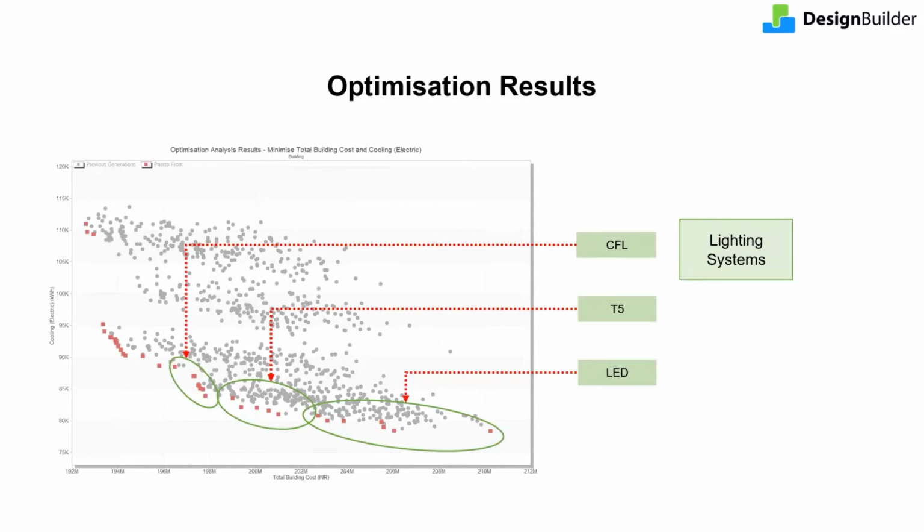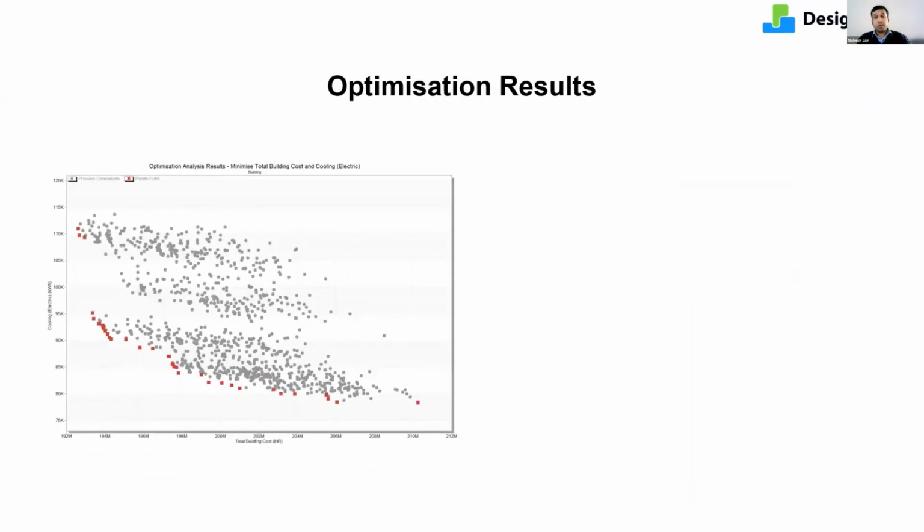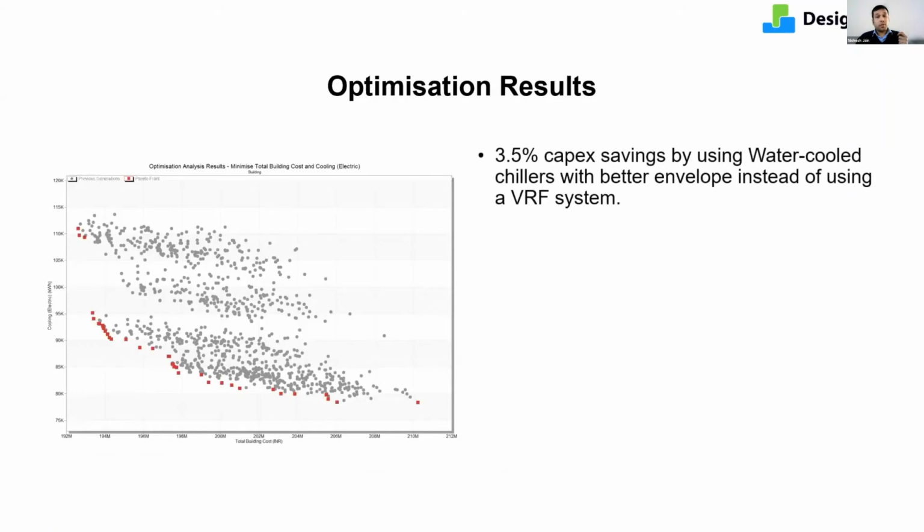And similar to this, other clusters and subclusters can be identified and give answers to questions which we asked earlier, such as, we found that water-cooled chillers with better envelope can achieve similar performance as VRFs, but with 3.5% saving in capital cost.